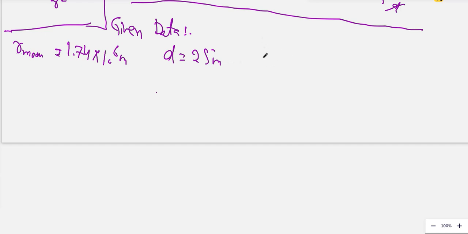The mass of the Moon is 7.36 times 10 raised to power 22.